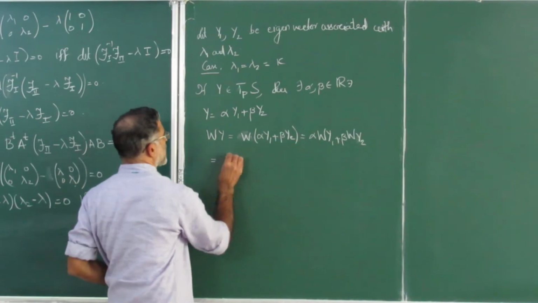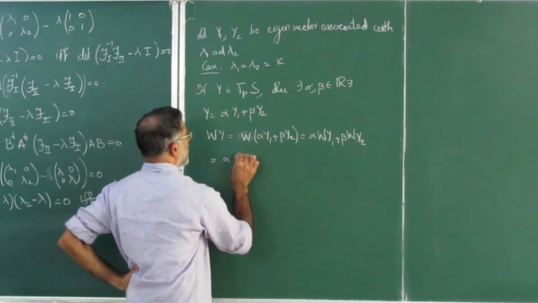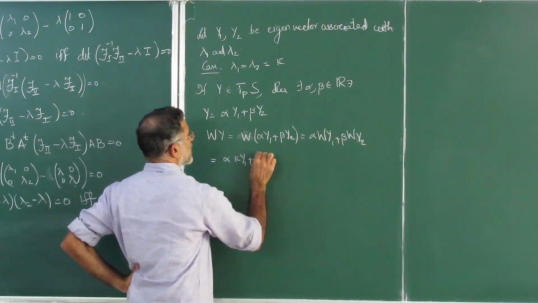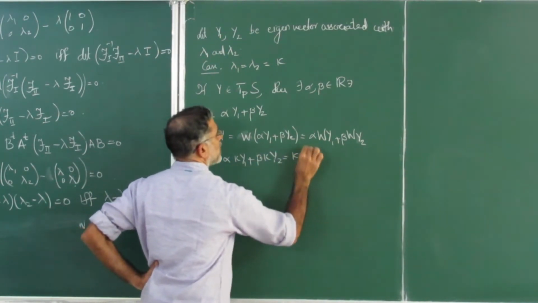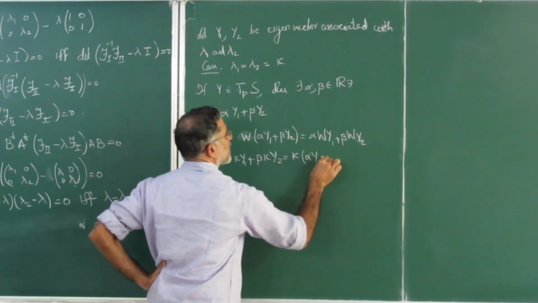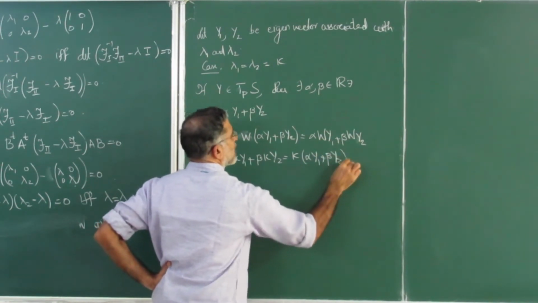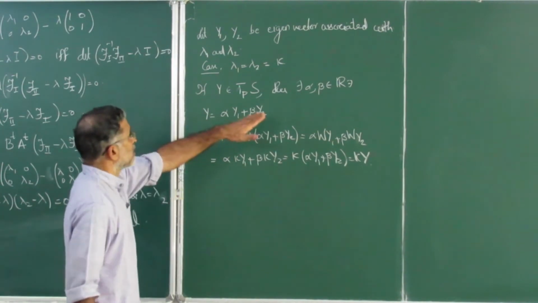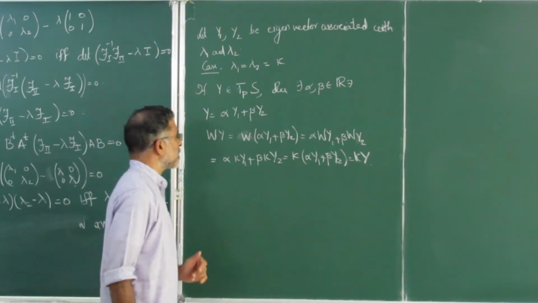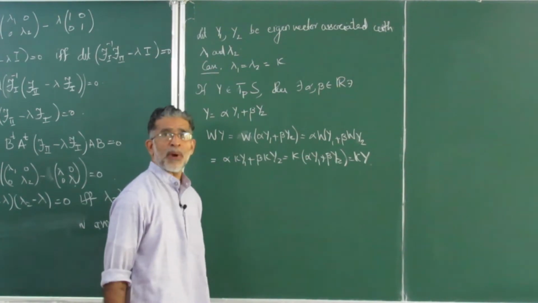So this is the same as alpha times kappa y1 plus beta times kappa y2. That means kappa times alpha y1 plus beta y2, but that's the same as y. So if you take any tangent vector, Wy is equal to kappa y.